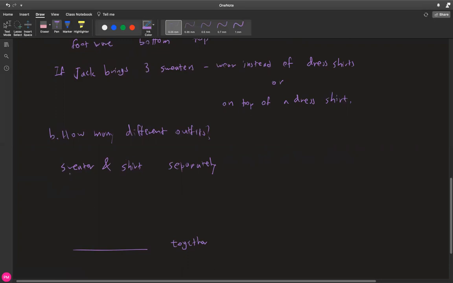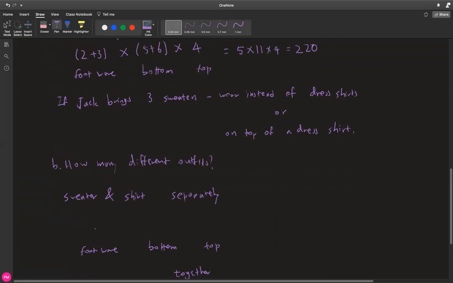For the separate cases, we have footwear, a bottom, and a top. For the footwear, we know that we still have 5 different choices. And for the bottom, we have 11.